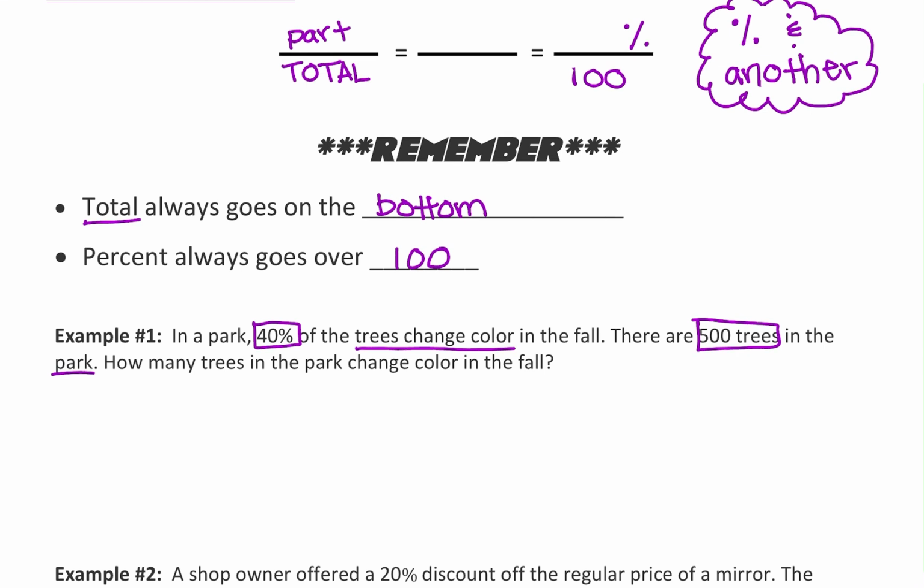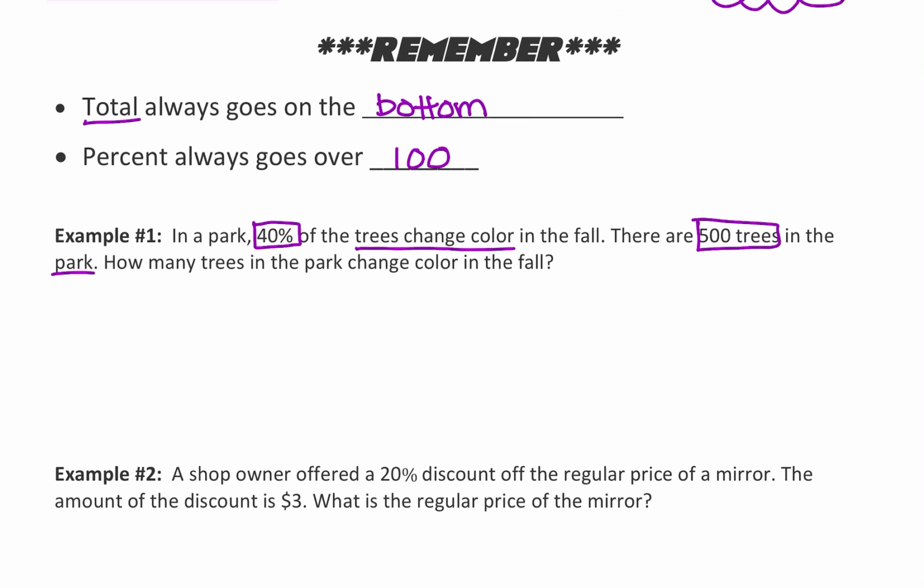So a percent and another number is a WKU. So when I set up my WKU, I need 3 lines, and they're equivalent. We're going to have 3 different sections, WKU. So go ahead and set that up.